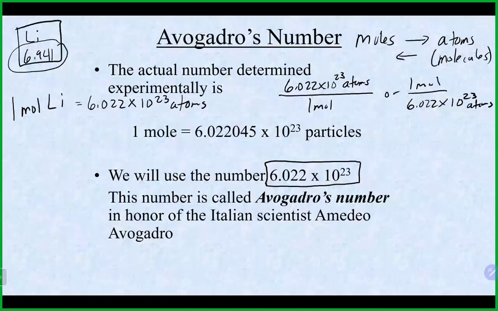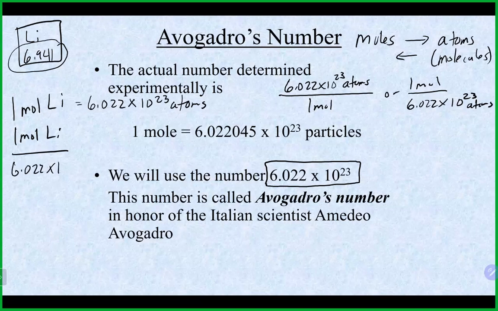And again, that is the relationship that you could get from anybody on the periodic table. That again is going to give you your two possible conversion factors that you could use in a problem if you needed to. Or obviously you could flip it around the other way and put the 6.022 times 10 to the 23 up on top over a mole of lithium.